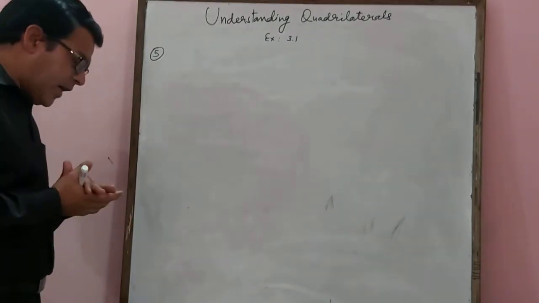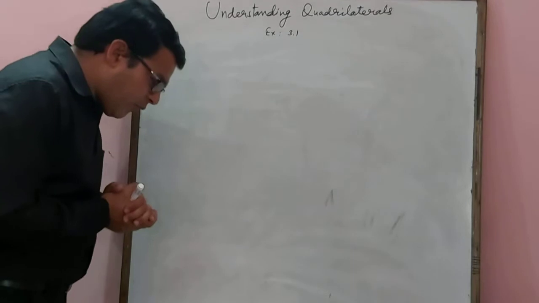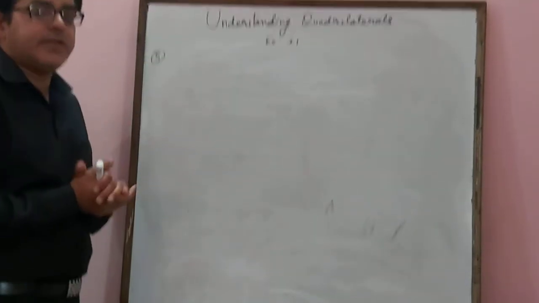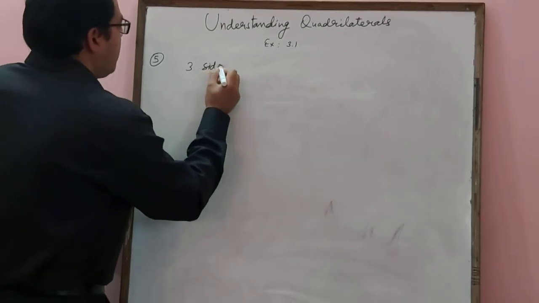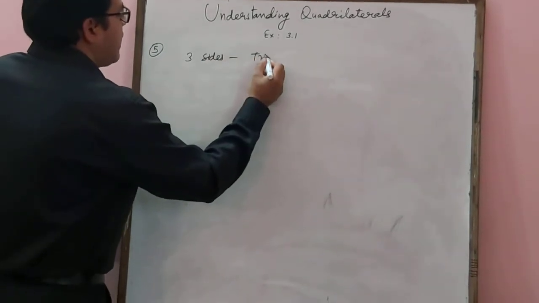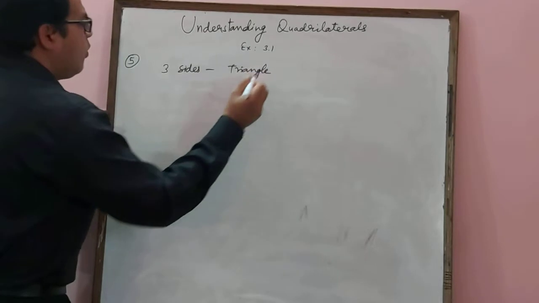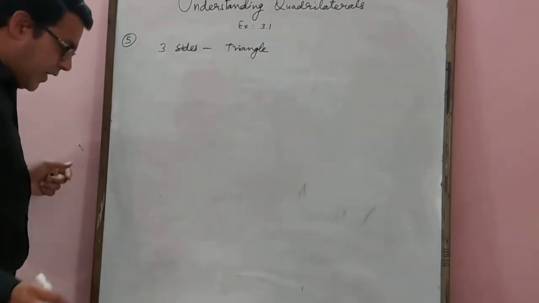Now the next part is to state the name of the regular polygon of 3 sides. What is the name of a 3-sided polygon? It is a triangle. We know that there are 3 sides in a triangle.